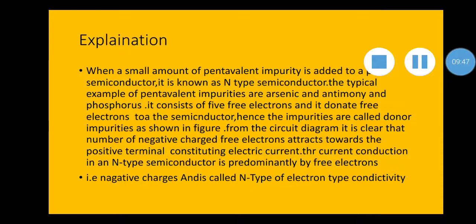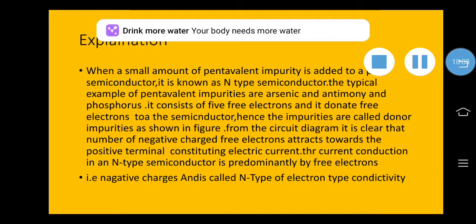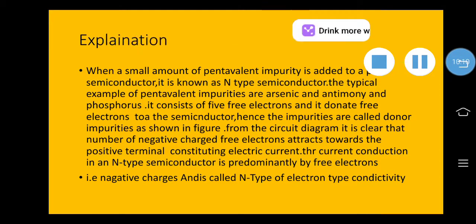The typical examples of pentavalent impurities are arsenic, antimony and phosphorus. It consists of 5 valence electrons and it donates free electrons to the semiconductor.